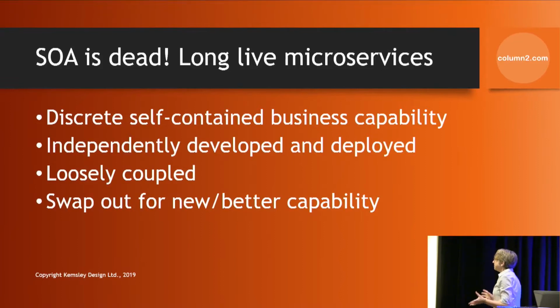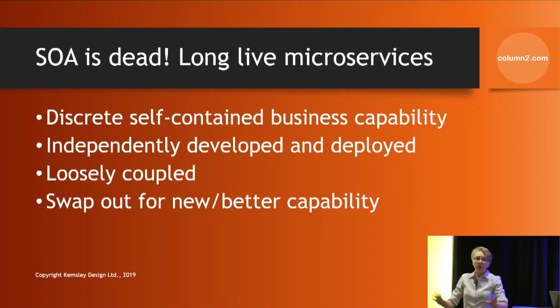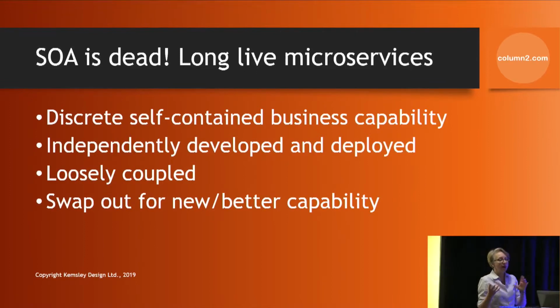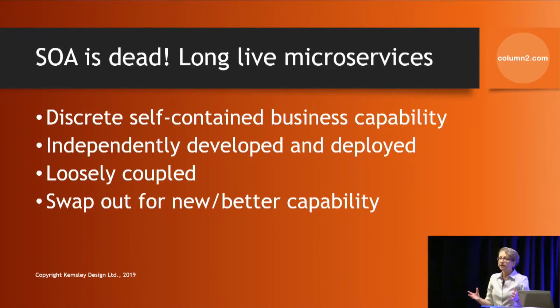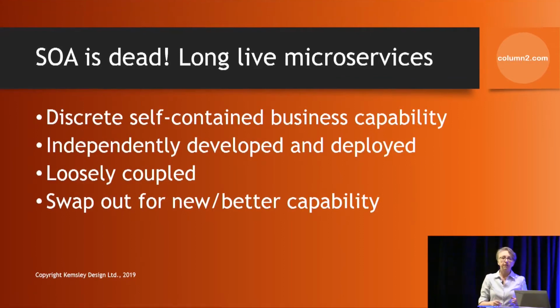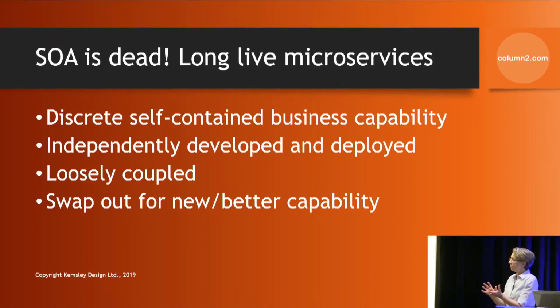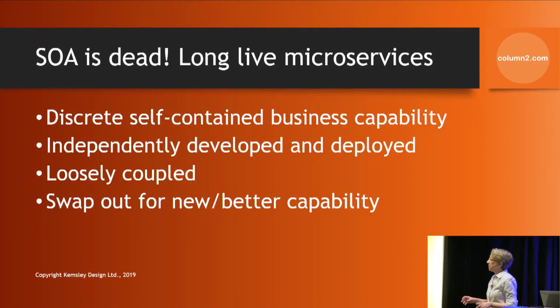And I'm not going to go into the whole lecture on microservices here, but rather than just function wrappers like we tended to see with the old service-oriented architecture, microservices are intended to be discrete, self-contained business capabilities. So a microservice is a single kind of functionality. It can be deployed and scaled on its own. It's loosely coupled with other things around it.